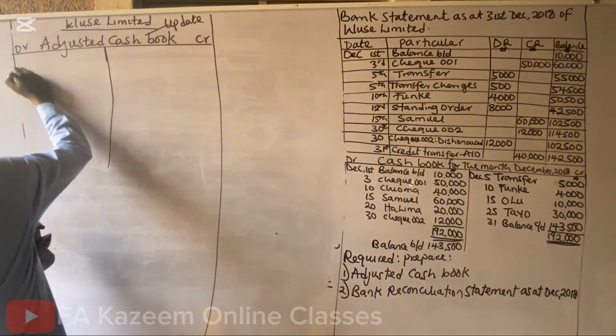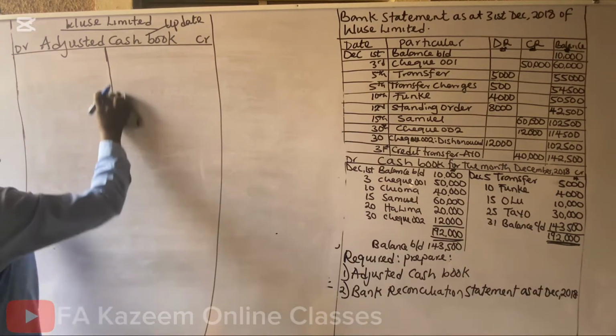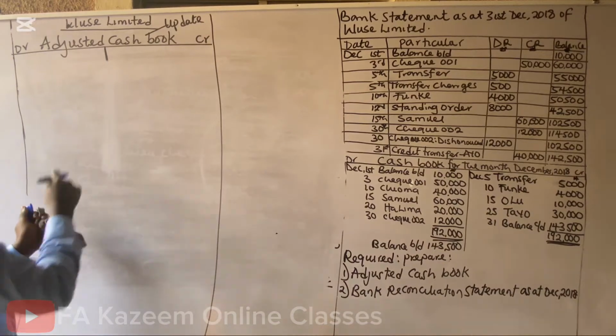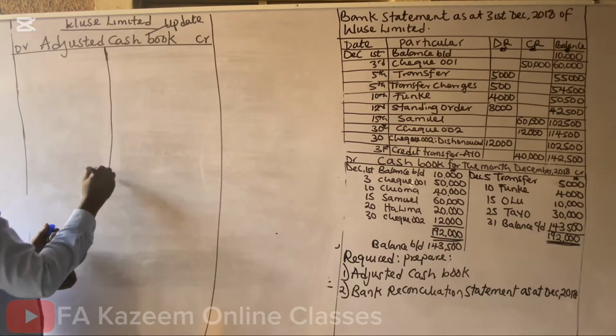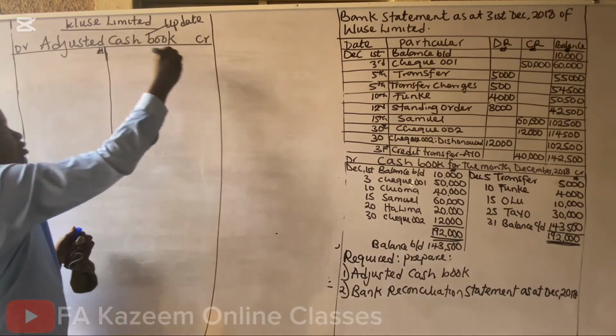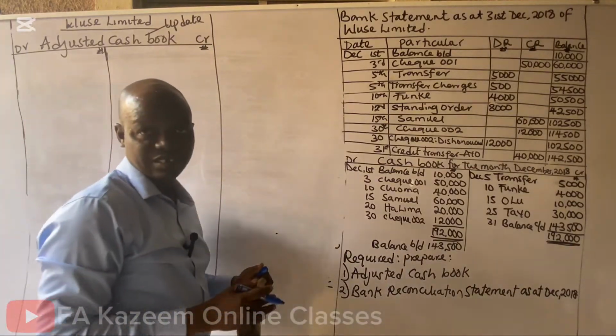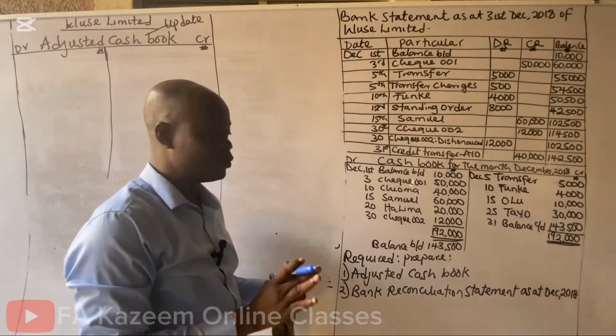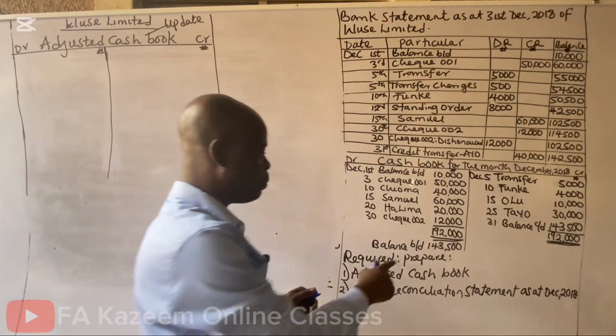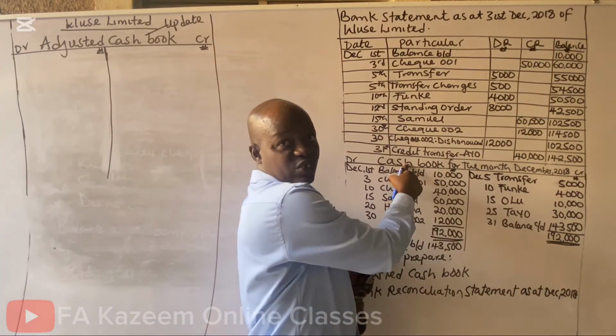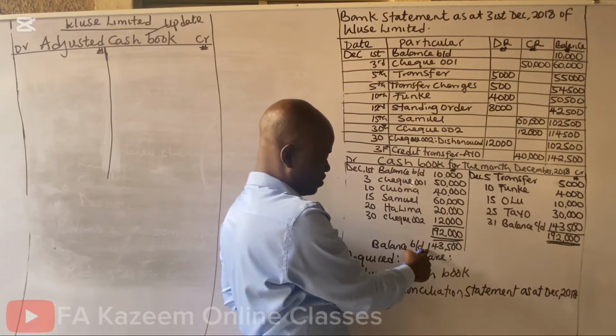Please, I need your attention. I want to reconcile the bank statement and the adjusted cash book of Wuse Limited. The first thing you do when you are reconciling is to pick the balance of the cash book in the question, the closing balance, the BD.